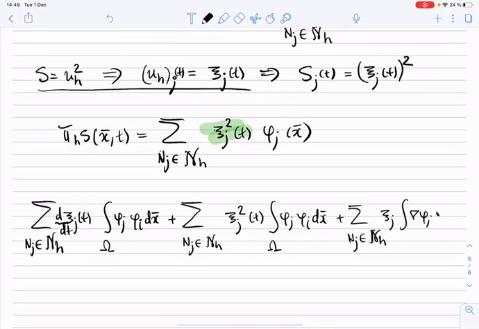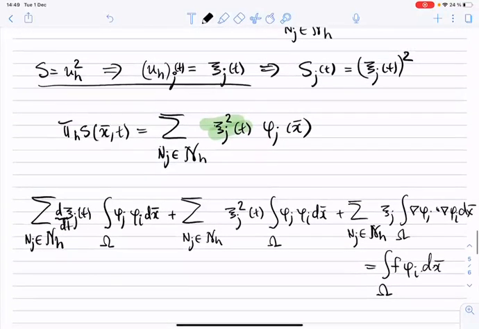It's a stiffness matrix. And this is equal to the right-hand side vector. All right, so this formulation is true for all Ni's from the set of these interior points.